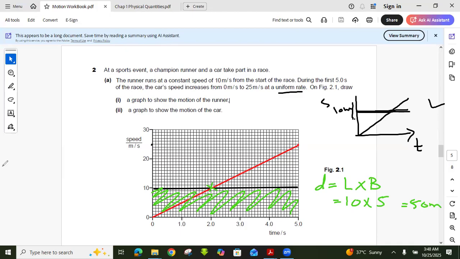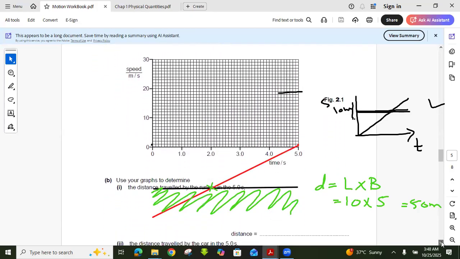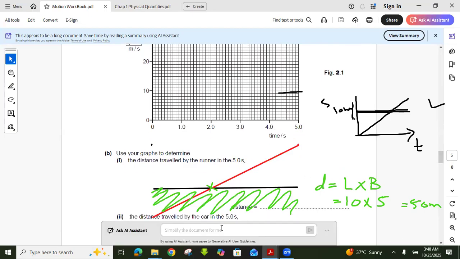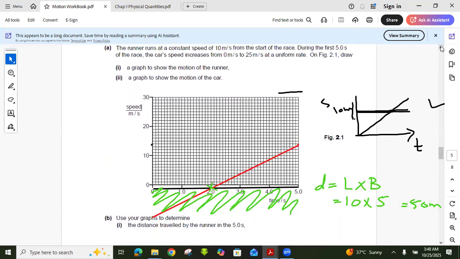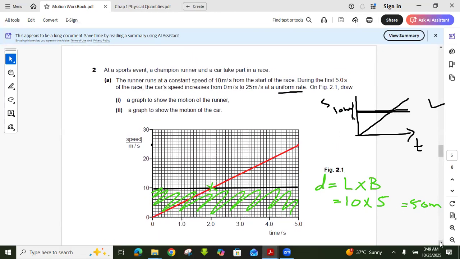Now you have to find the distance for the car. I'm not removing the graph. Let's see what the question is. The distance traveled by the car in 5 seconds. Now we have a shape which is a triangle. So this shape is a triangle, and I'm shading the area.